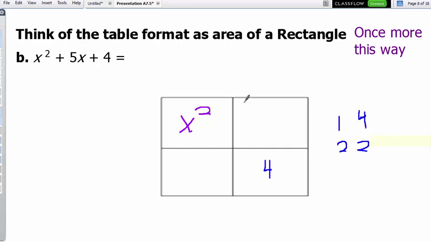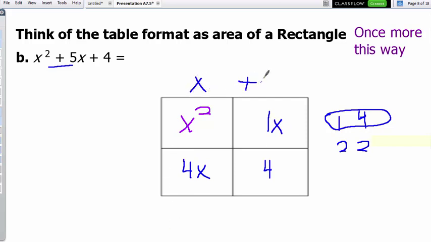The pair that adds to give me this positive 5 are 1 and 4. So it doesn't matter which one we put the 1 in and the 4 in. And if we are thinking about what the factors are, this is going to be x plus 1, this is going to be x plus 4. So there's our two sets of factors.